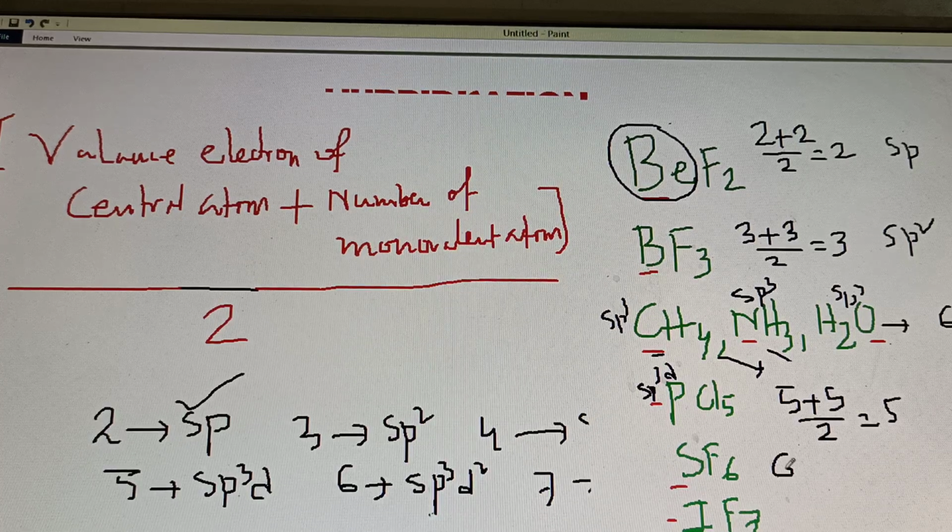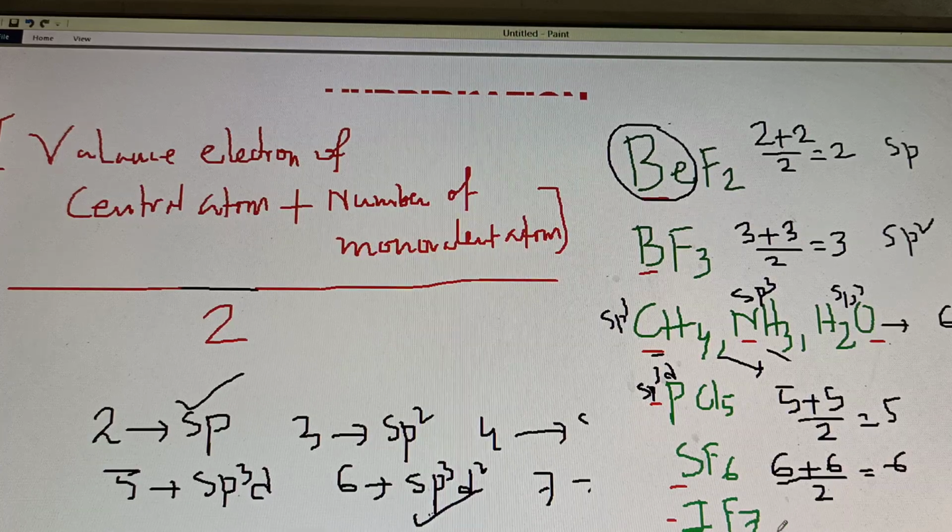So 6 valence electrons, like oxygen, plus 6 fluorine, divided by 2. Sorry, this is sulfur, yes, 6 plus 6 is 12, by 2, that is 6, that is sp3d2. Clear? Iodine, halogen group 17, means 7 valence electrons plus 7 fluorine, divided by 2, equal to 7, that is sp3d3.